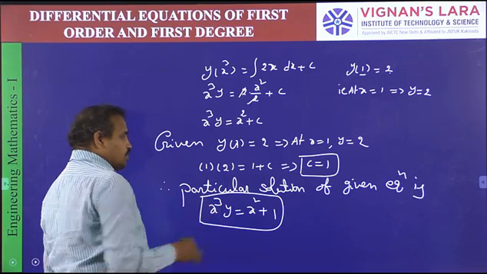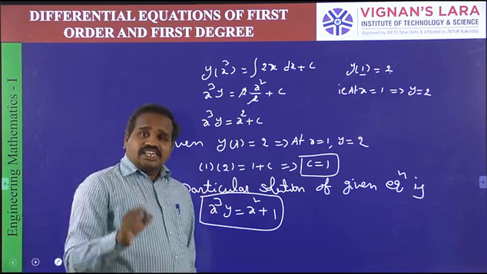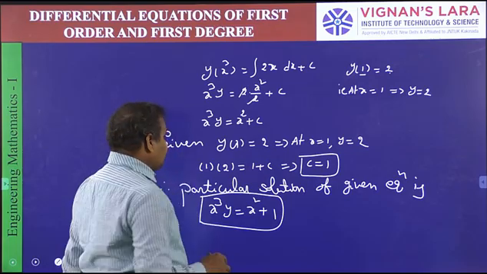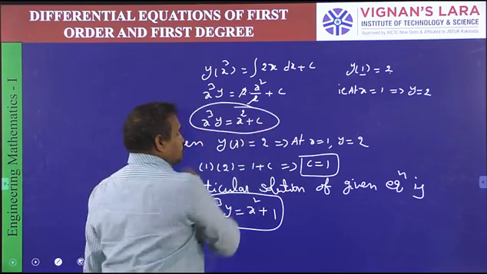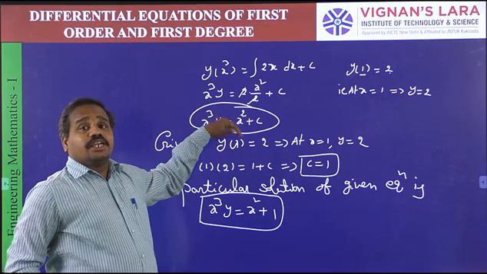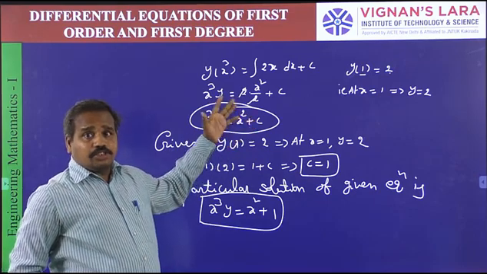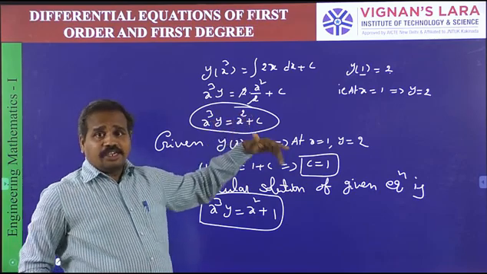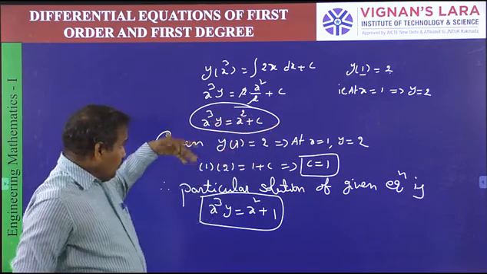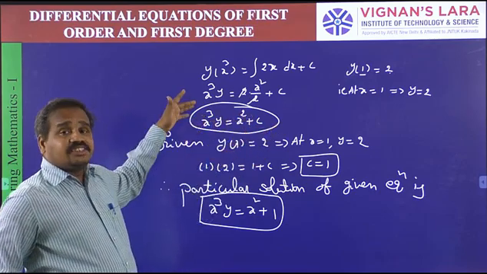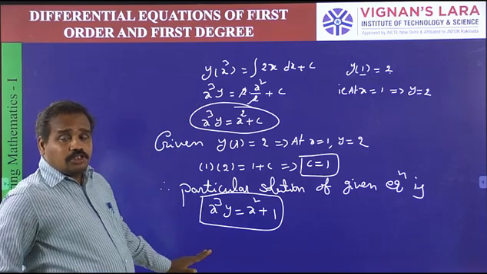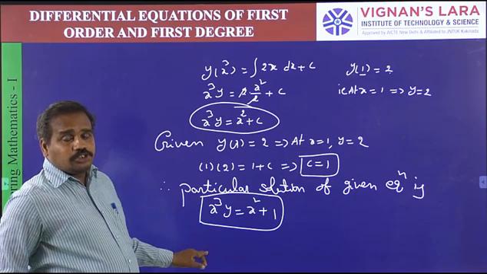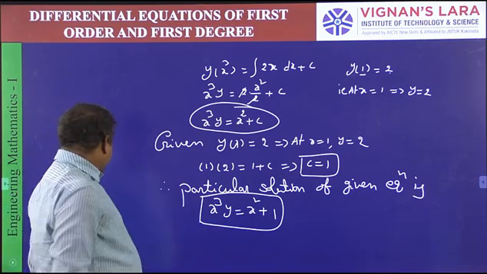This is the particular solution. If he gives an initial condition, it means we have to evaluate the particular solution. What is the difference between general solution and particular solution? General solution means we will get an infinite number of solutions by replacing c values 0, 1, 2, 3, minus 1, minus 2, a lot of values. We will get a number of solutions. That is called the general solution. Particular solution means by using the initial condition only we are getting a particular solution to the differential equation.